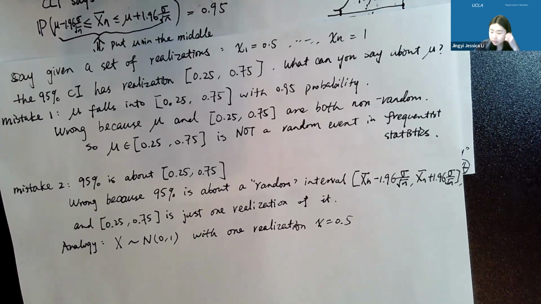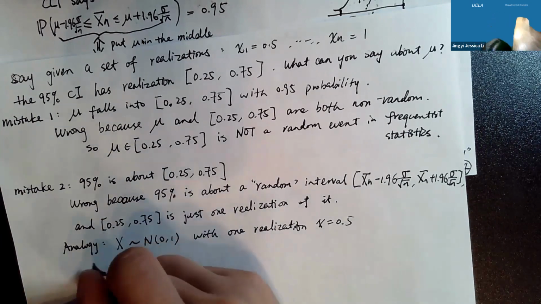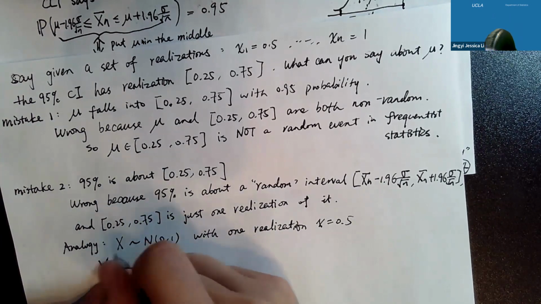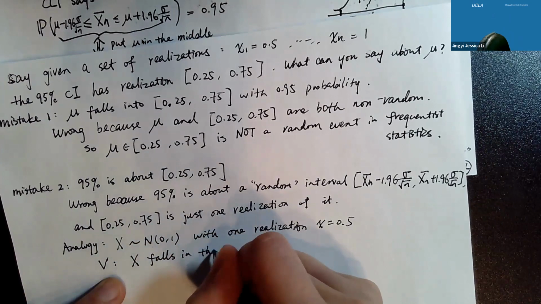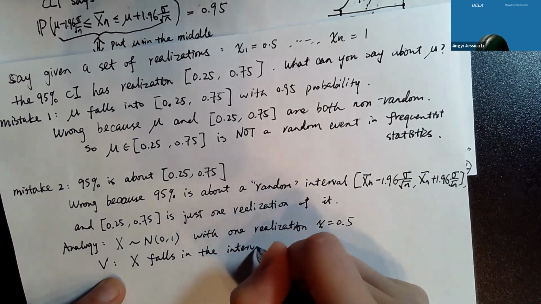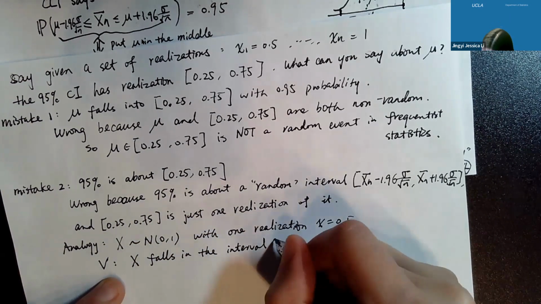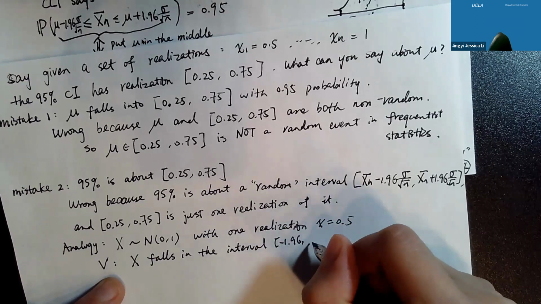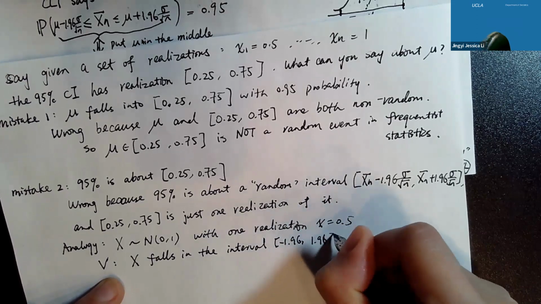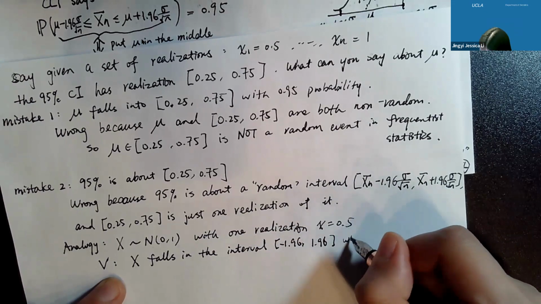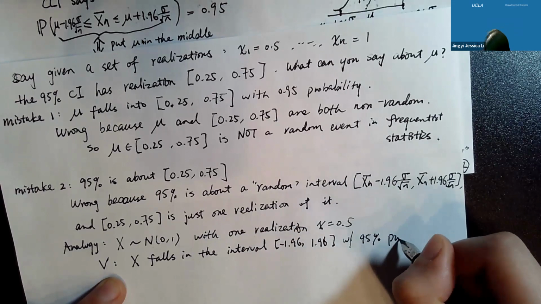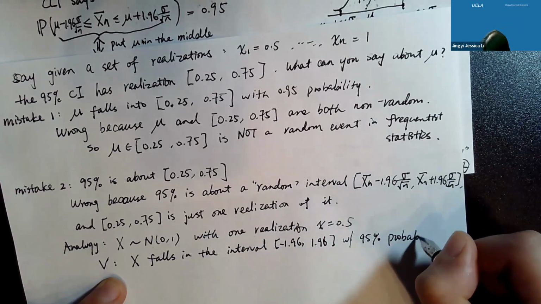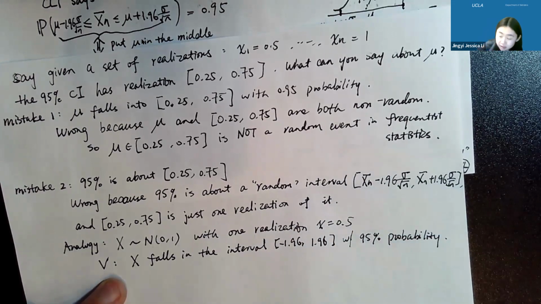In this case, the correct way to say it is that x falls in the interval minus 1.96 to positive 1.96 with 95% probability. So this is a correct statement.